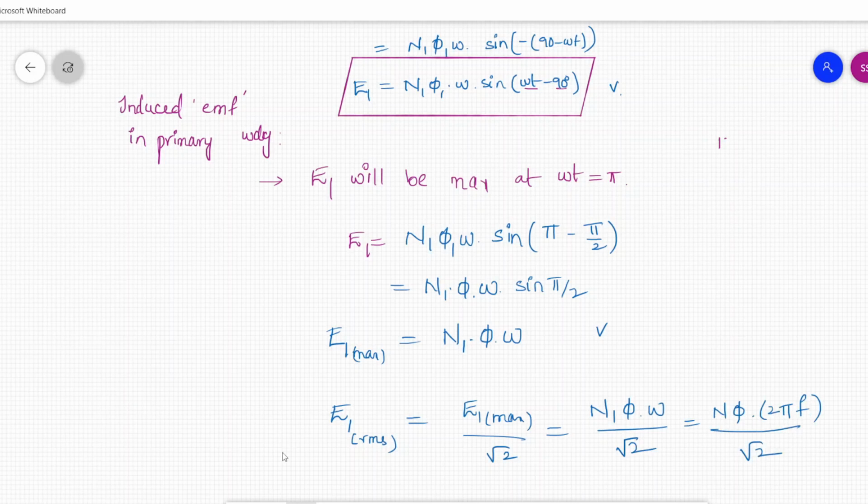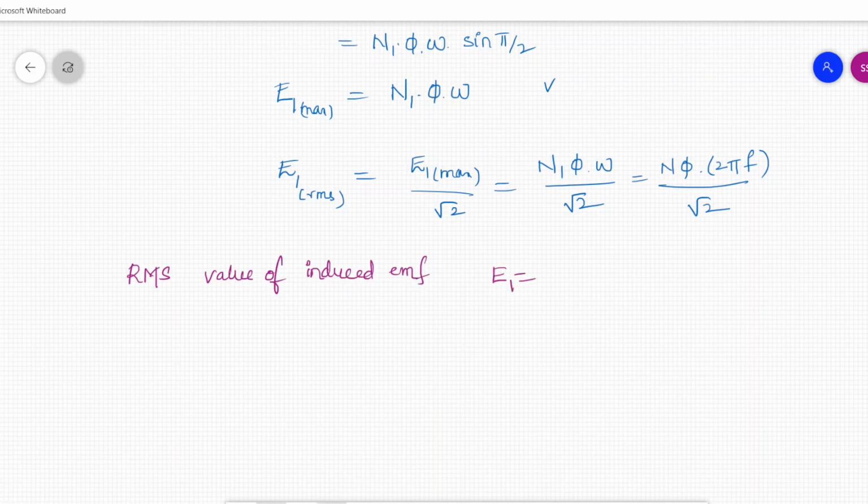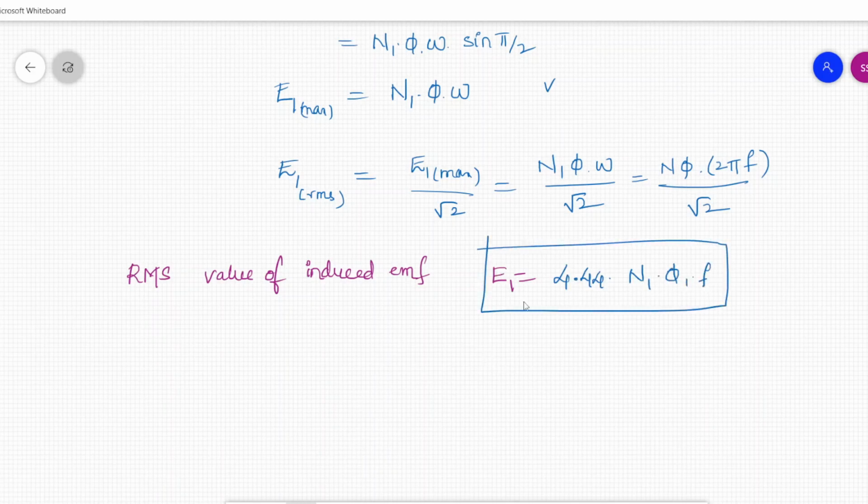By simplifying this expression, E1, the RMS value of induced EMF, equals 4.44 N1 phi 1 into frequency f. This is the expression for the RMS value of induced EMF, right?